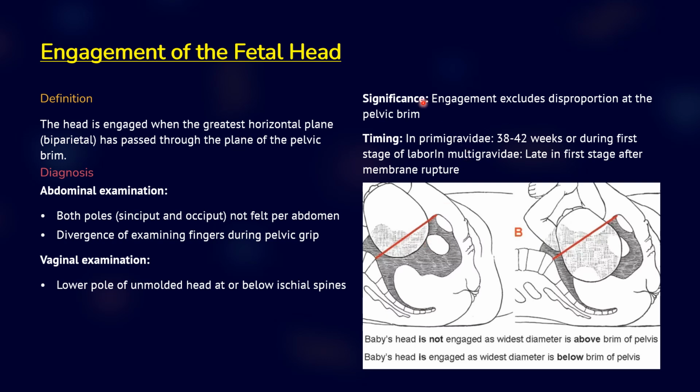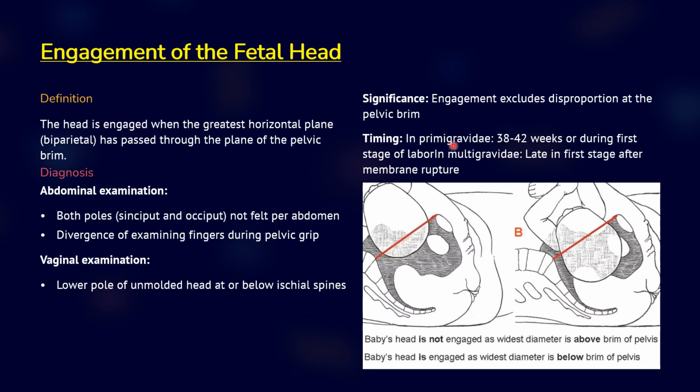Okay, so now let's talk about the significance, why we need to check for head engagement. Head engagement excludes disproportion of the pelvic brim. So here, if you remember, we are ruling out CPD, cephalopelvic disproportion. So timing, when should you check for head engagement?